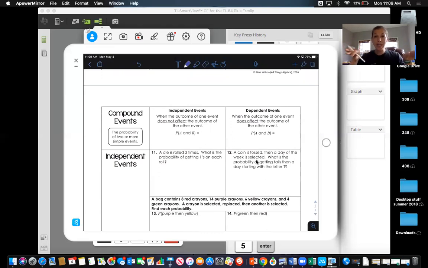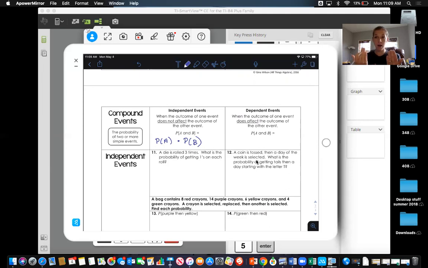So they're two independent events. So if they are independent, what you're going to do is take the probability of the first event happening, and then multiply it by the probability of the second event happening. And means multiply.